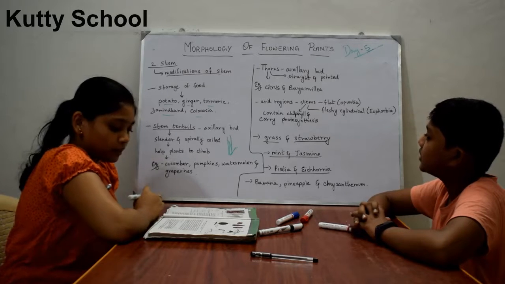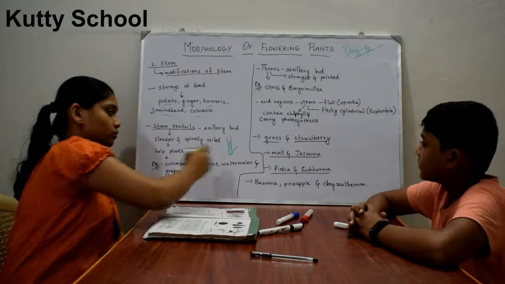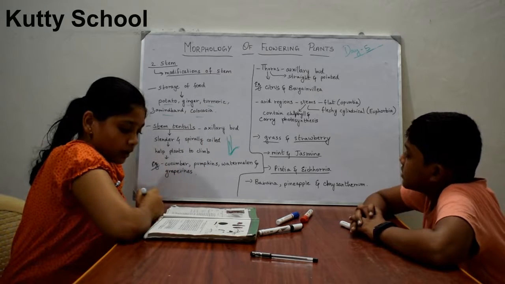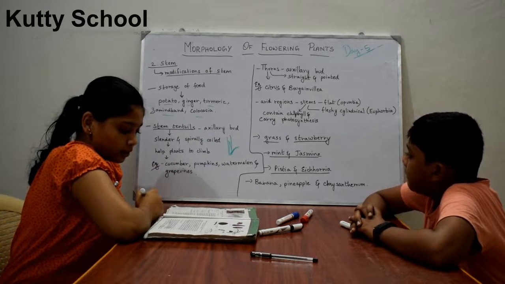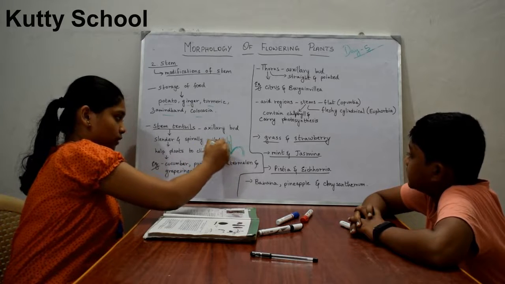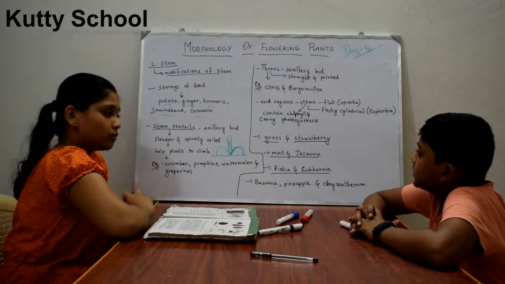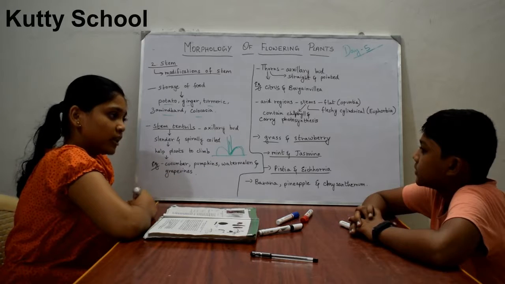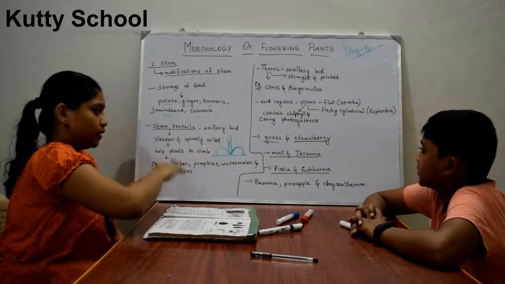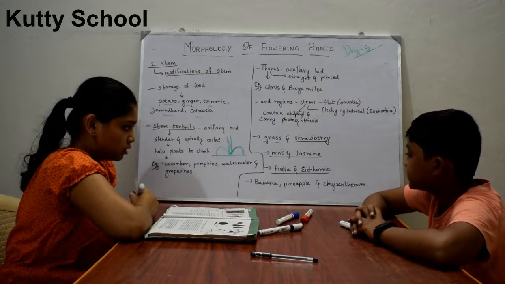After growing aerially for some length, it arcs downwards to touch the ground. It grows like this, and then here also it will grow, and so on. This kind of stem modification is seen in mint and jasmine.